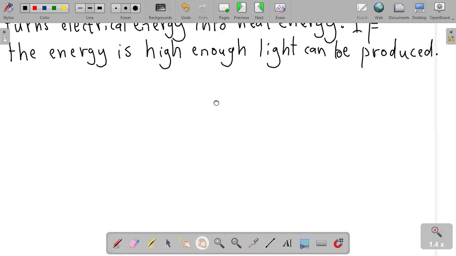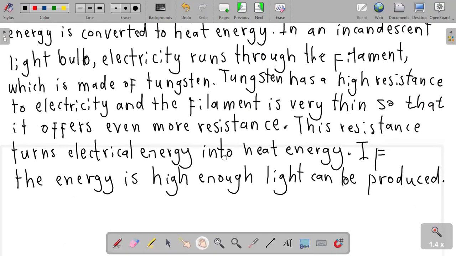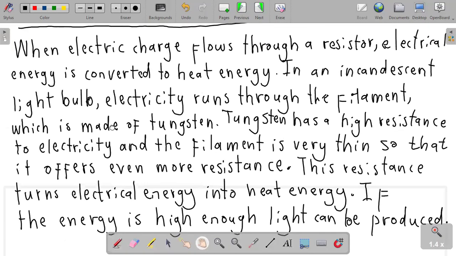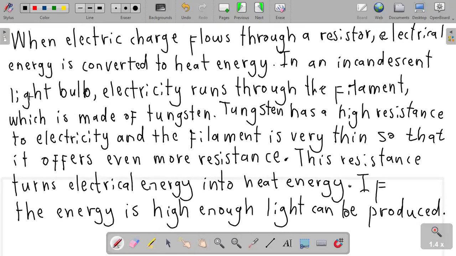So this is what makes the light bulb give off light, because the filament is made of tungsten, and tungsten has a high resistance. It is this high resistance that produces a lot of energy, and if the energy is enough, then light will be given off.